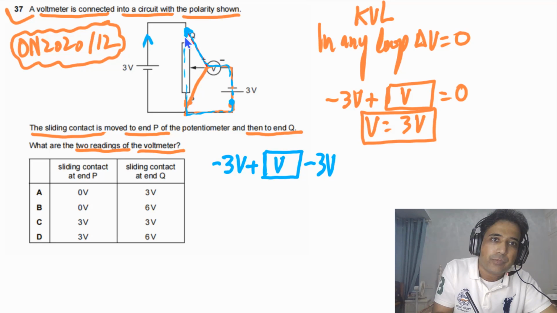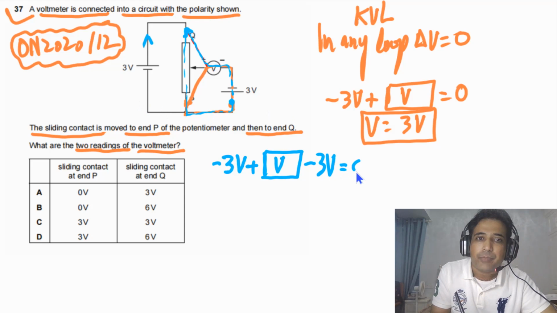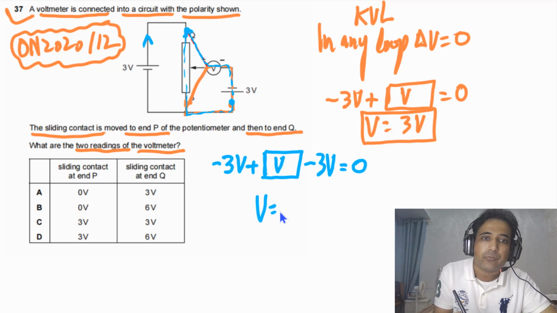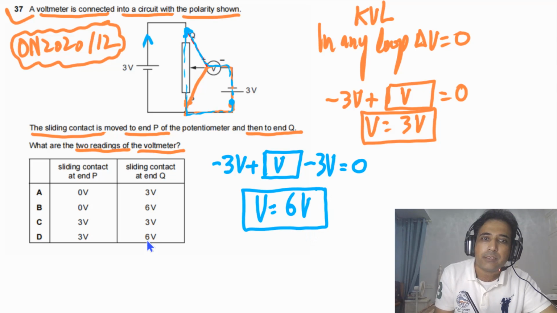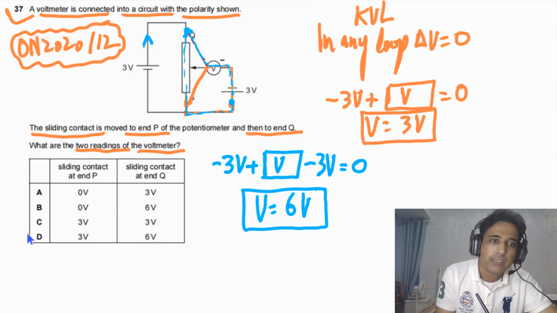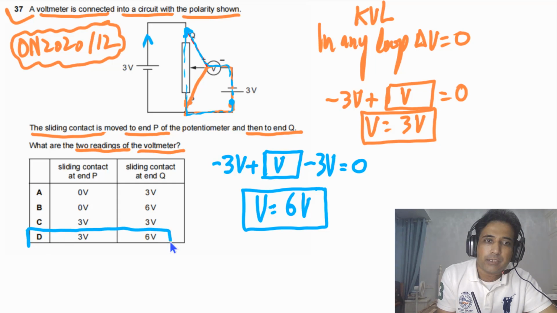The potential drop across this resistor is equal to 3 volts, so this is minus 3 volts, and this has to be equal to 0. So V, the reading on the voltmeter, will be equal to 6 volts. So the answer for this question has to be D. So this one is the answer.